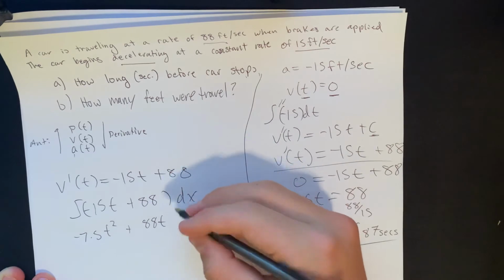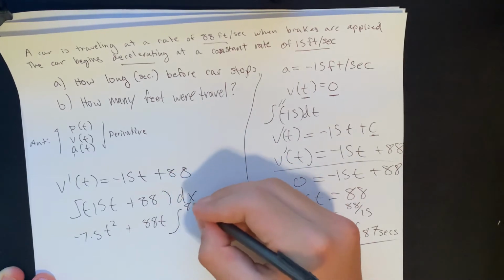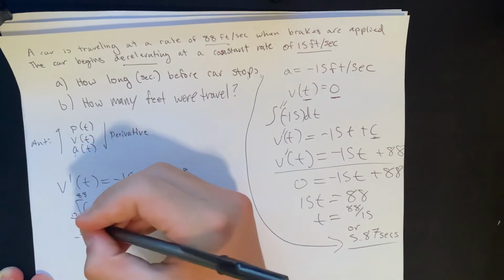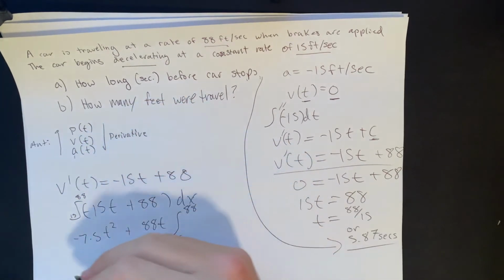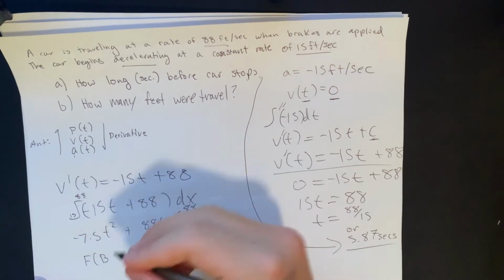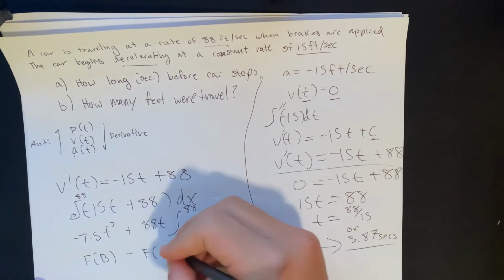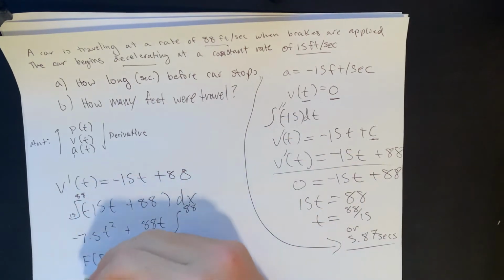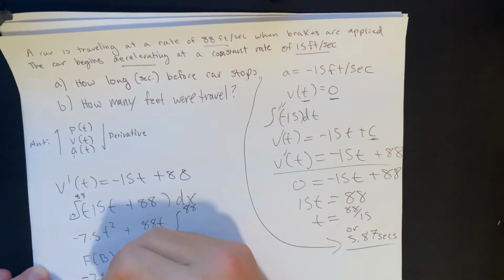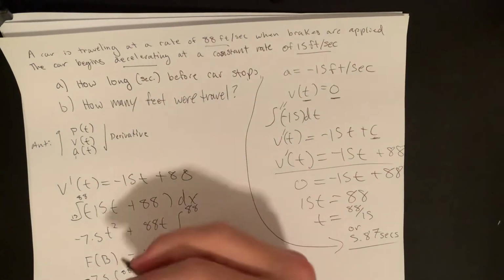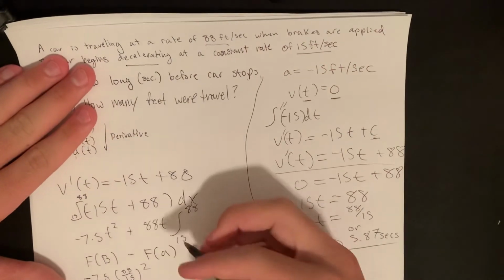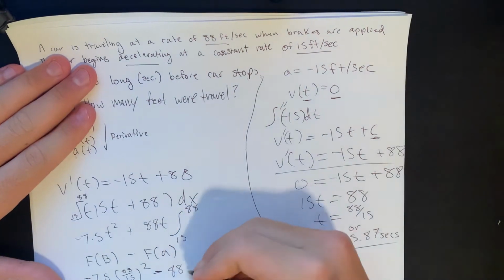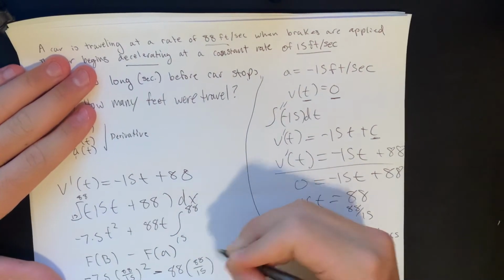Then we use f of b minus f of a to solve for that position in time, which will be negative 7.5 times 88 over 15 squared minus 88 times 88 over 15.